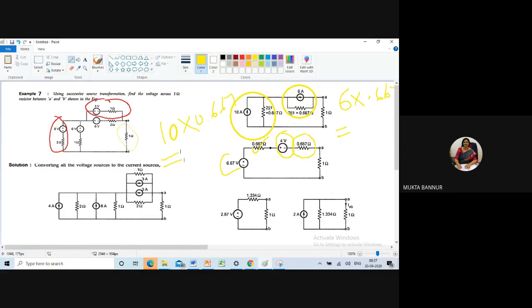Same. Now, these two voltage sources are in series, and we have to see the direction or polarity of the voltage sources connected in series. See here, this is terminal B, this is terminal A. If I move in this direction it is clockwise.